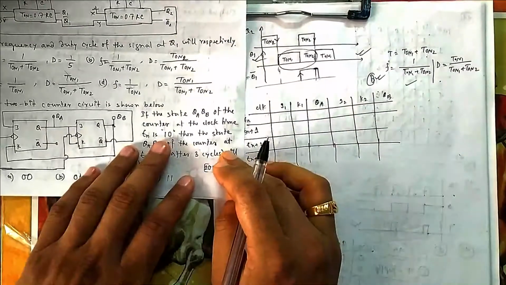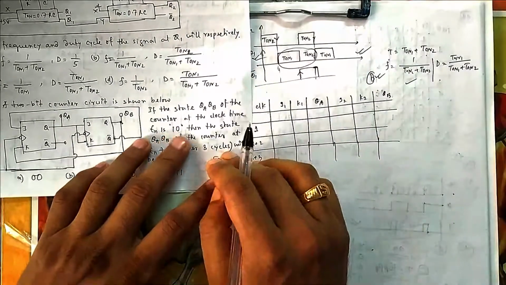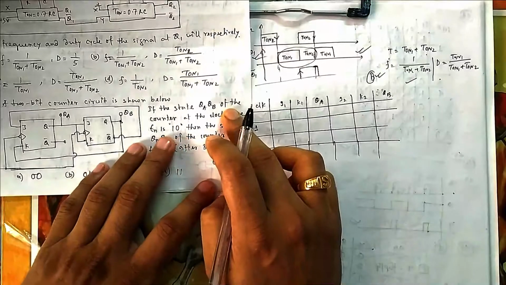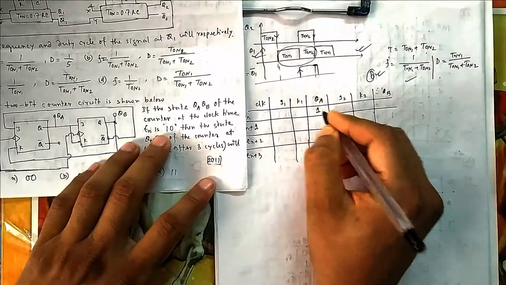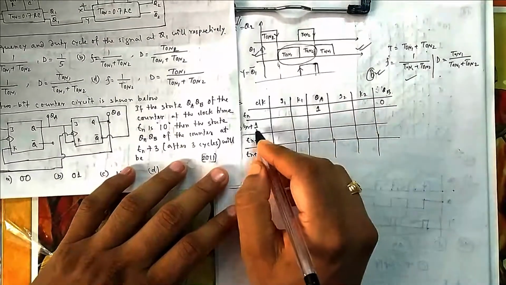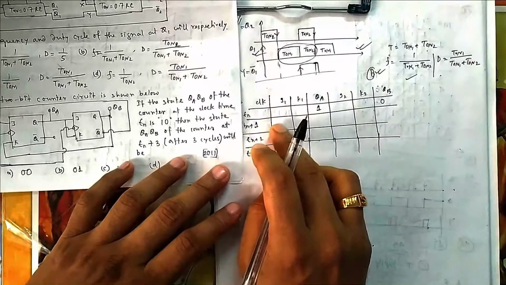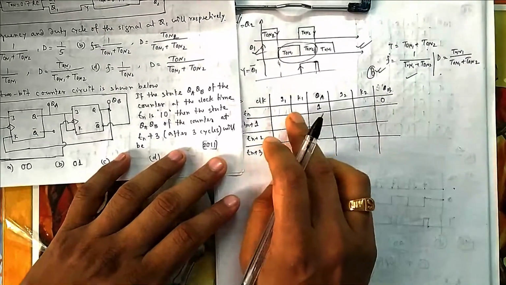So what is the initial state? Initial state is Tn. At Tn, QA and QB are 1 0. So QA is 1 and QB is 0. So when you give clock pulse 1, it will check what its input is. So let us write what its input is at this state.